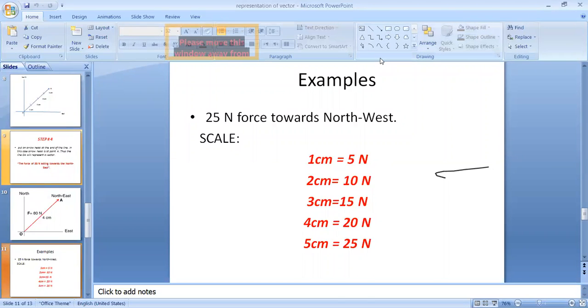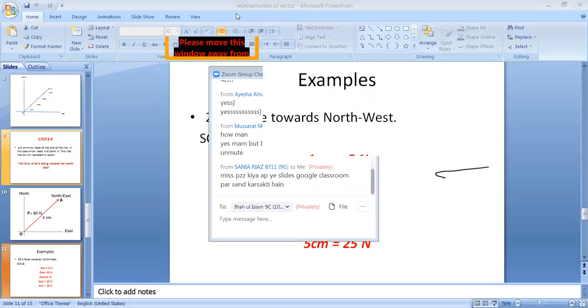Okay, now draw it in your copy. I have given you the scale, I have given you the direction. Now draw it in your notebook. And then at last, finally, I will share the final picture that will be correct. And you will check whether your picture is the same, or a little bit different, or completely different.